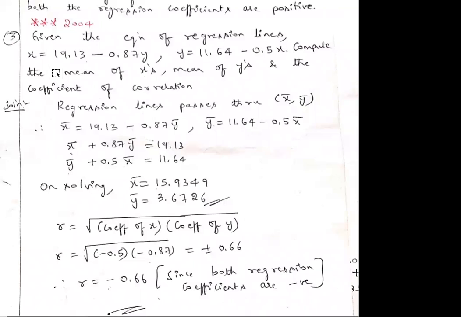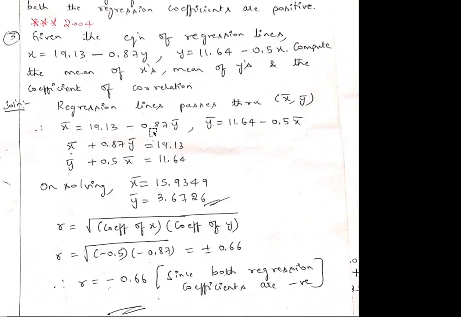That will give me x bar is equal to 19.13 minus 0.87 y bar. On the same lines for the second equation, y bar is equal to 11.64 minus 0.5 x bar.